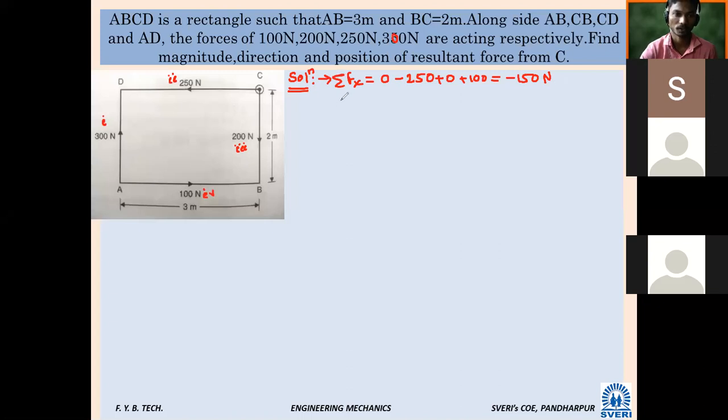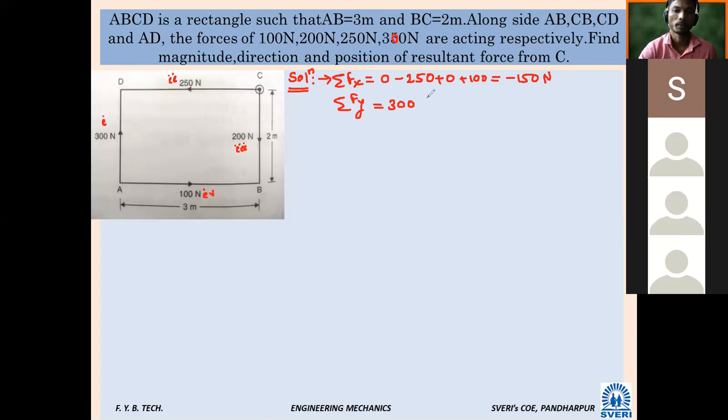Carefully you have to see. Summation Fy is equal to, now tell me, force number 1, Y component of force number 1: 300. Plus, because it is vertical, in the upward direction. Force number 2, 250 Newton: 0.